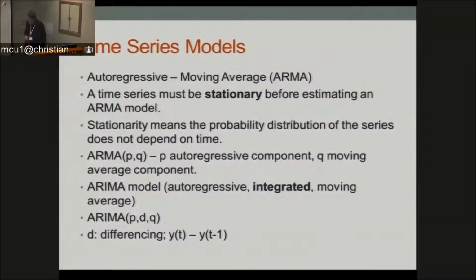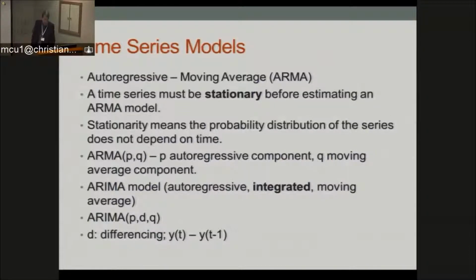And so what is often done is to difference the time series. And then we would have an ARIMA model, or an autoregressive integrated moving average model. What differencing means is that you just subtract the value at a given time from the value before it.